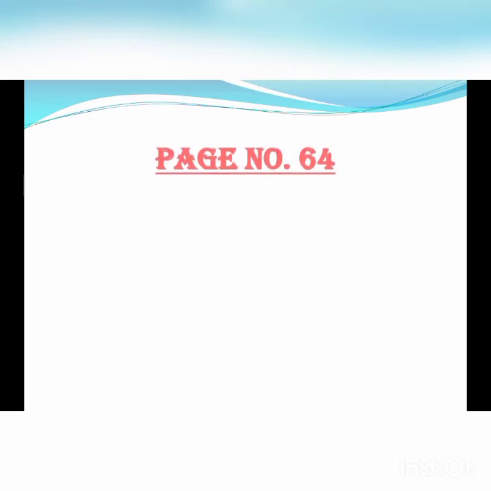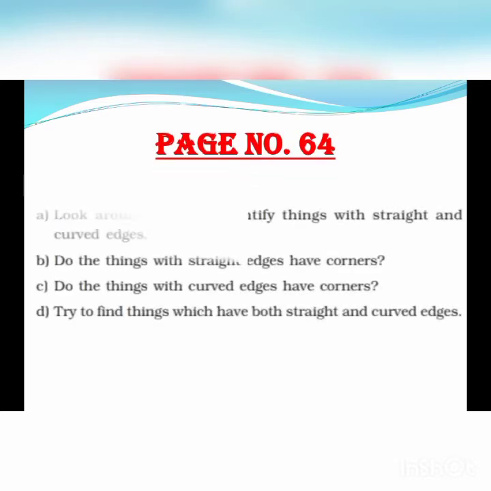Now, page number 64. Here also we have some questions. The first question is, look around you and identify things with straight and curved edges. Now you have to write this answer by yourself because it depends on your observing power.